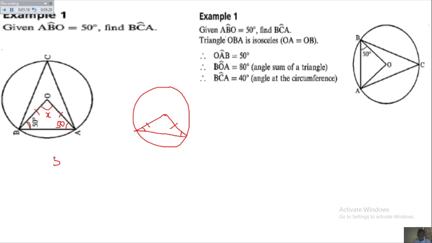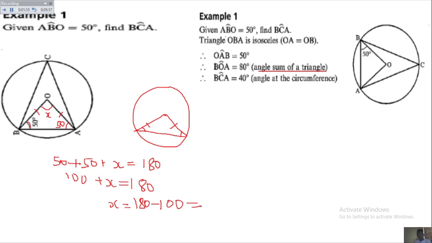You have 50 plus 50, then plus x will give you 180, the sum of angles of a triangle. By the time you add, it is 100 plus x equals 180. Then x here will equal 180 minus 100.